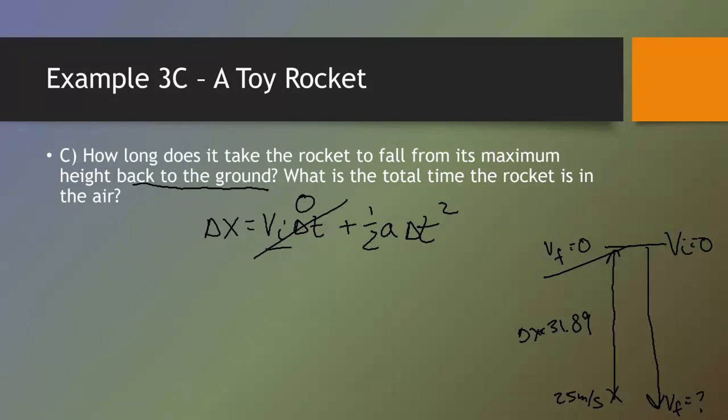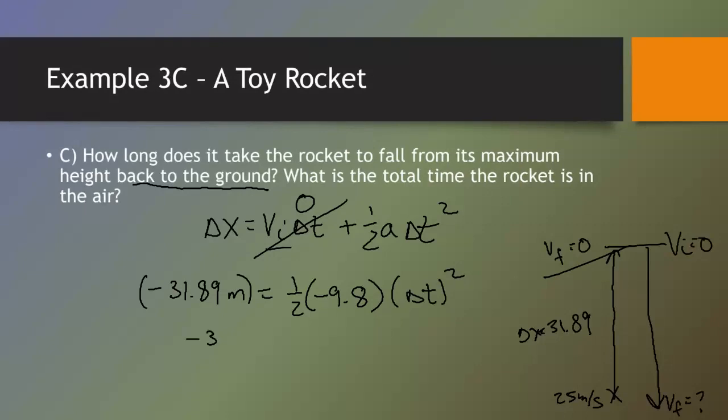And so when it falls down, negative 31.89 meters, it's equal to 1/2 times negative 9.8, the acceleration due to gravity, times delta t squared. If we simplify this a little bit, this is negative 4.9 times t squared.